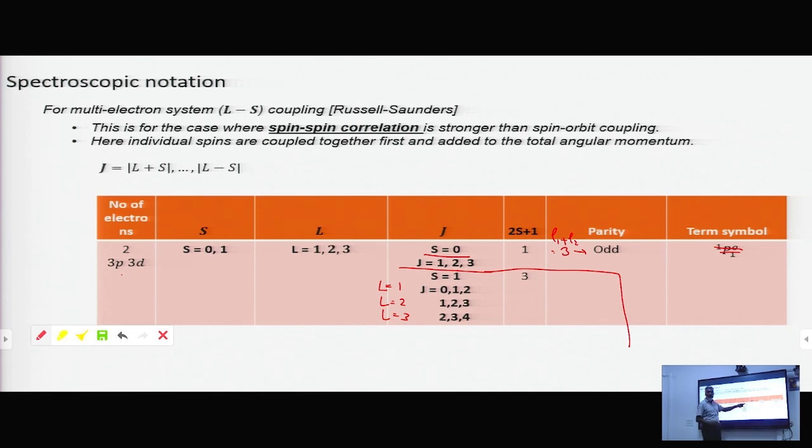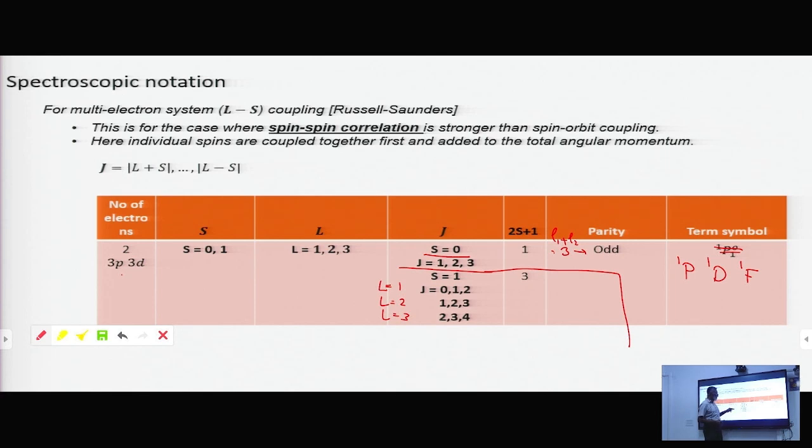N equal to 1, N equal to 2, and N equal to 3, which means we can have E, then A, and F. What is the first one? Then, it is a singlet. So we have to write a singlet. Then you have to look at J.